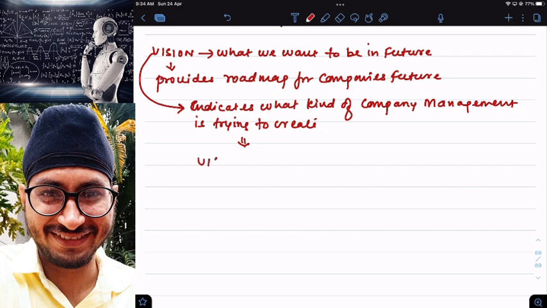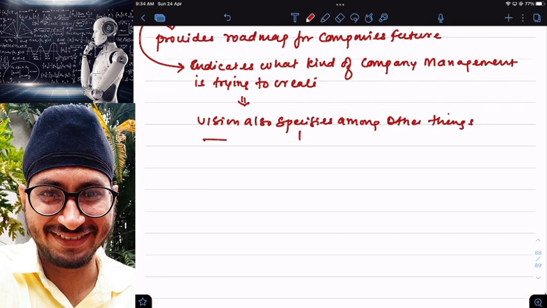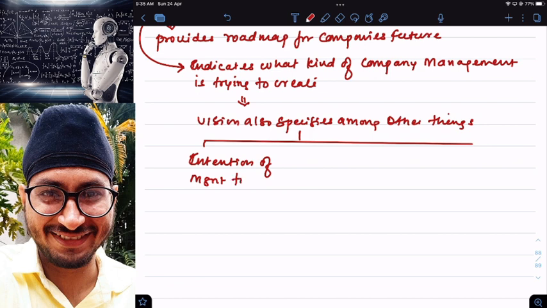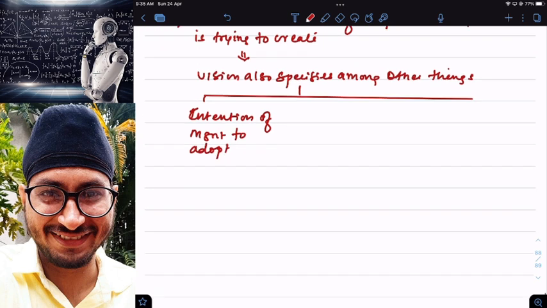Vision also specifies, among other things, two things. Number one, the intention of management, for example, the intention of management to adopt new technologies.